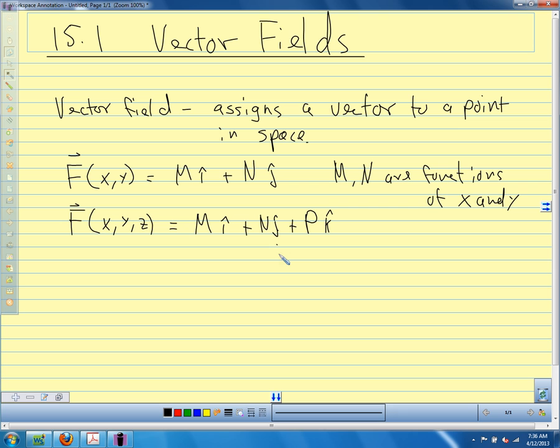Something that we've worked with quite a bit in chapter 13 that is also a vector field is the gradient. And we're going to use the gradient quite a bit in this chapter.